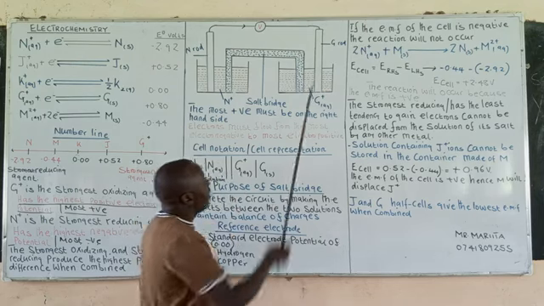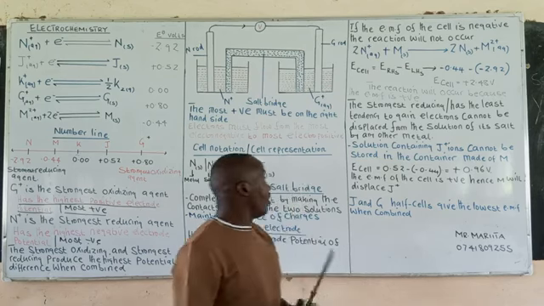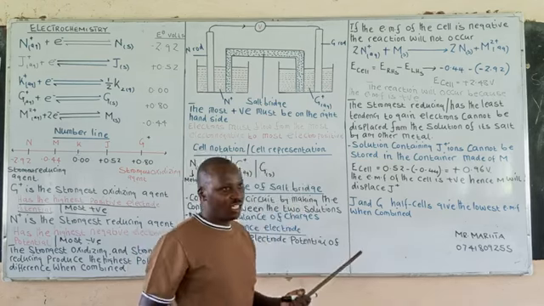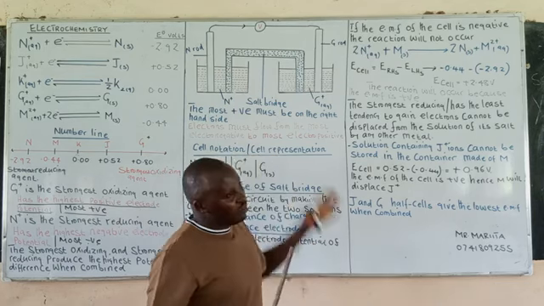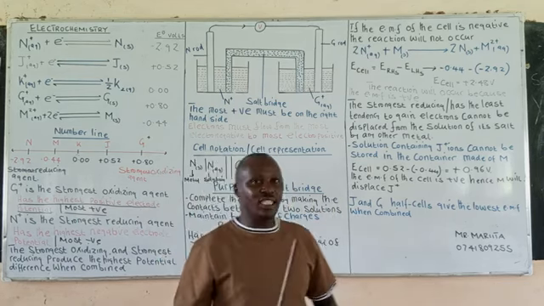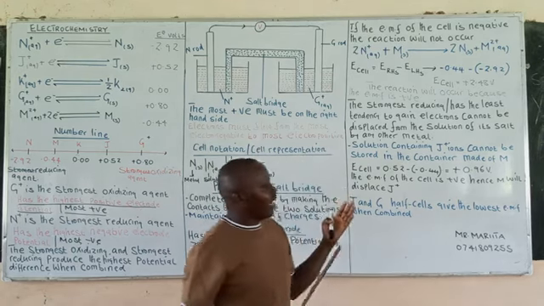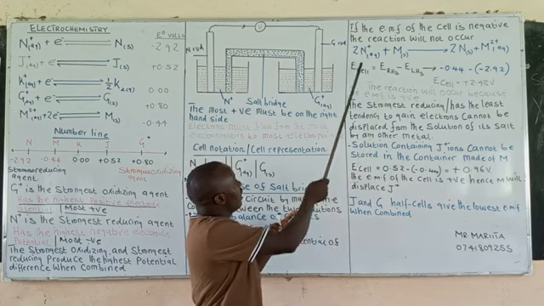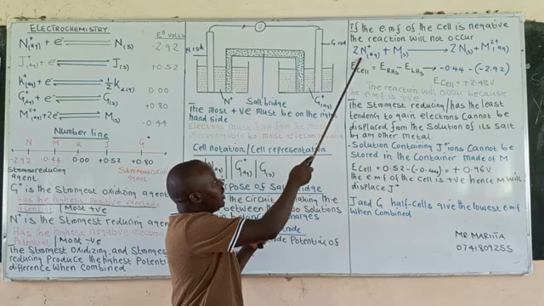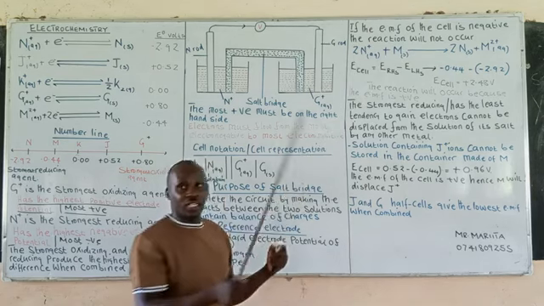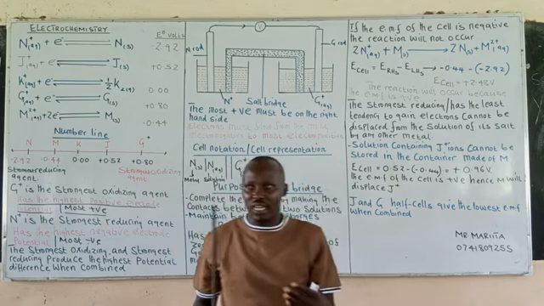Then the EMF of the cell may be negative or positive. If it is negative, it means the reaction will not occur. For example, if we have a solution of N that can be stored in a container of M, you need to calculate the EMF of that cell.